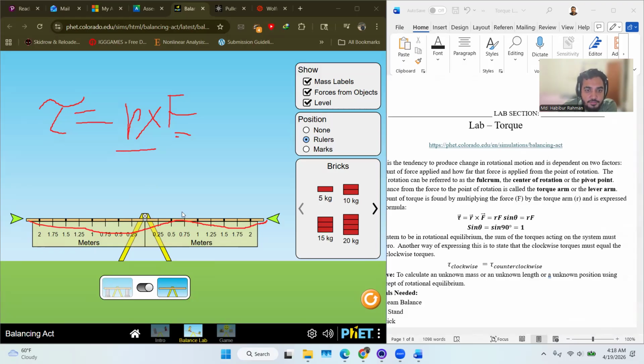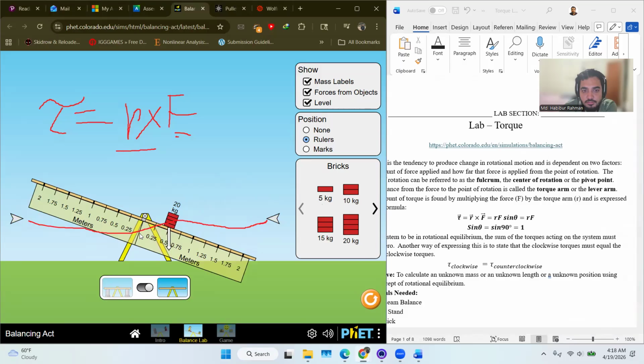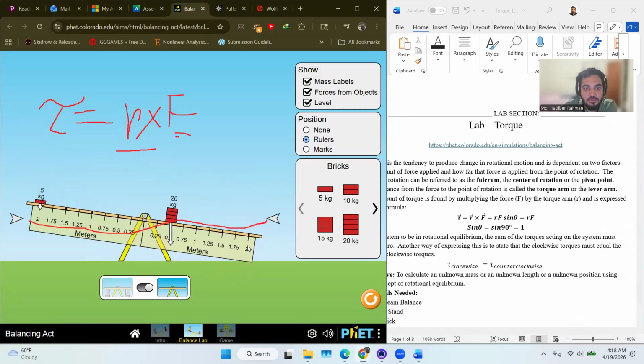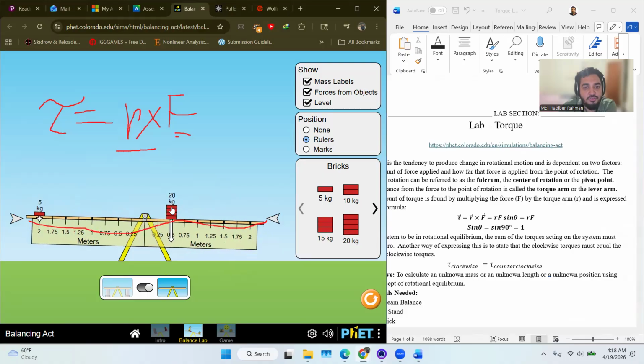In the middle here, if you put a mass here, like 20.5 right now, if we are using a longer arm, see, it balances out.